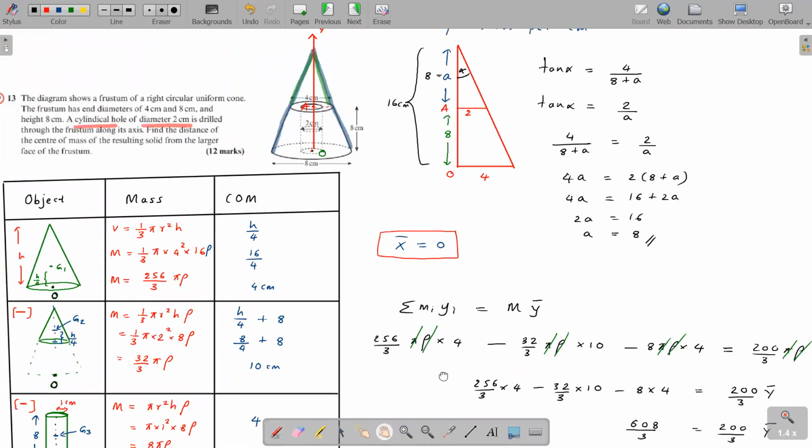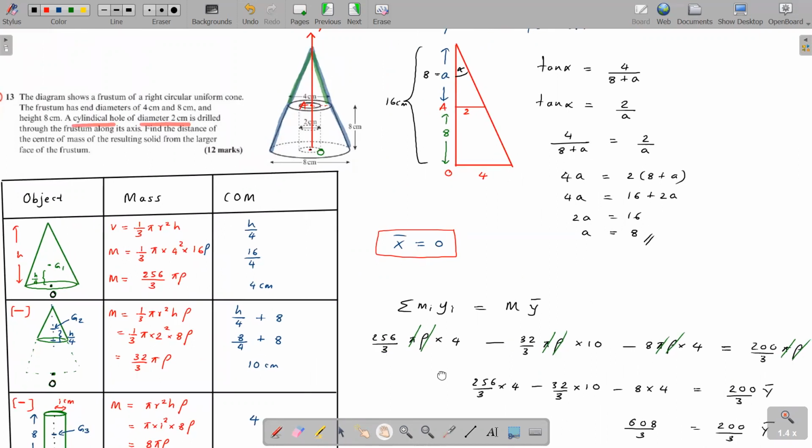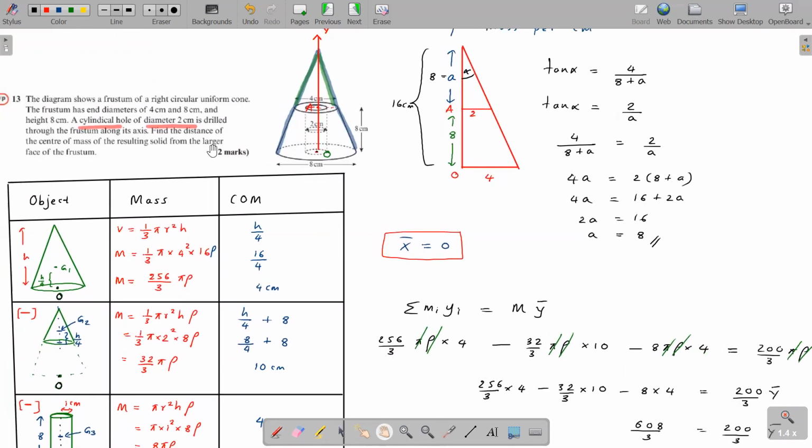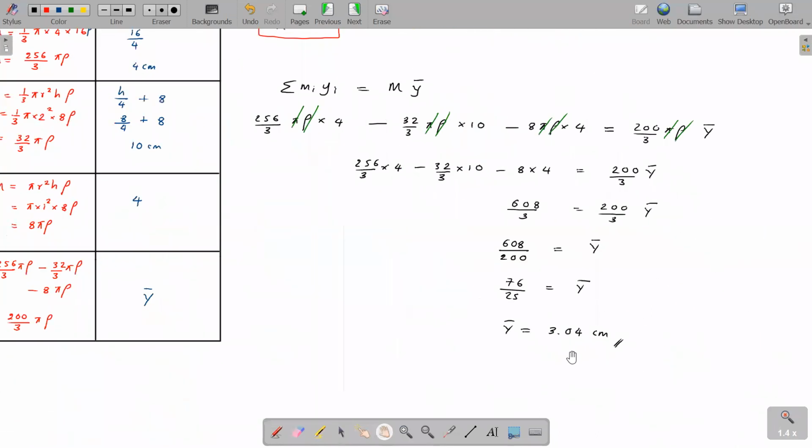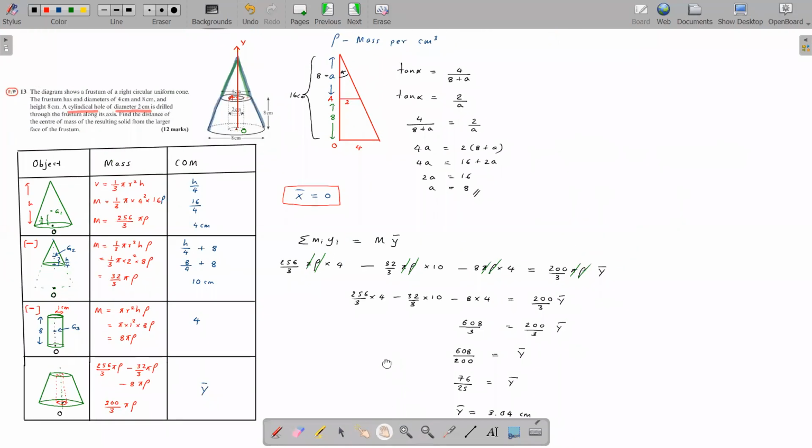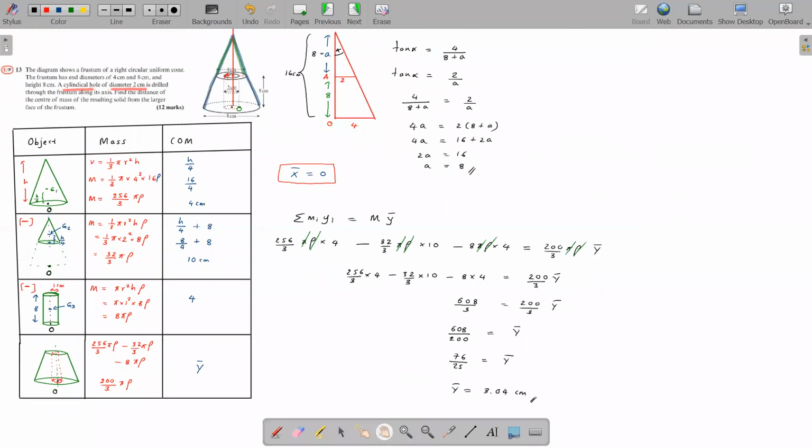They're asking us to find the distance of the center of mass of the resulting solid from the larger face of the frustum. Okay, guys, so we have found that. So this is one full question. I hope you guys can understand how to work with these types of center of mass questions now.